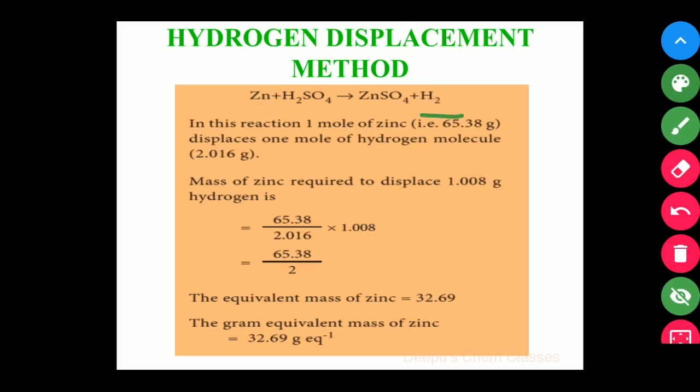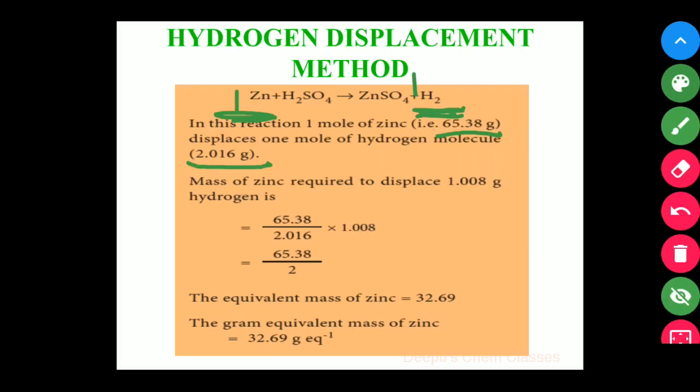In this reaction, 1 mole of zinc displaces 1 mole of hydrogen. 1 mole of zinc has an atomic mass of 65.38 gram. This much zinc displaces 1 mole of hydrogen, that is H2, so 2 into 1.008, which is 2.016 gram of hydrogen.